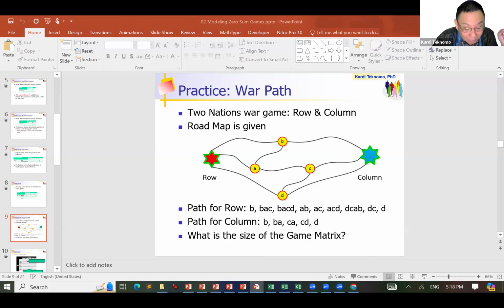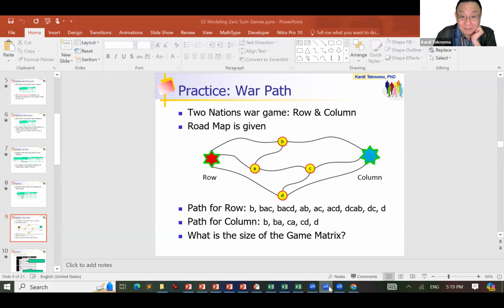What is the size of the game matrix? Anyone?